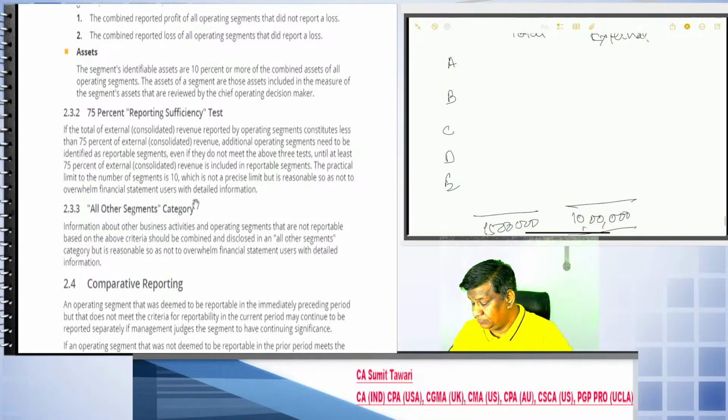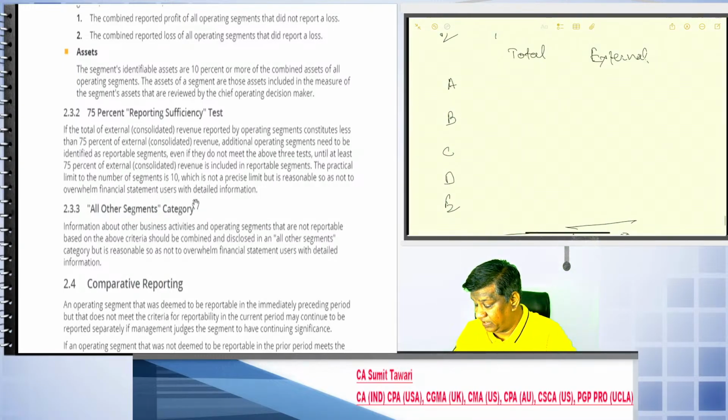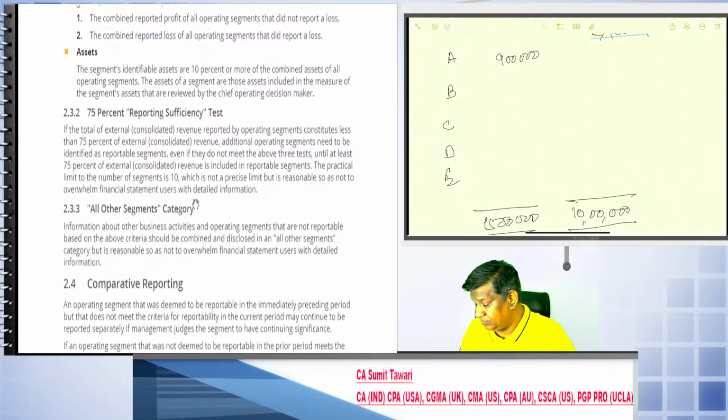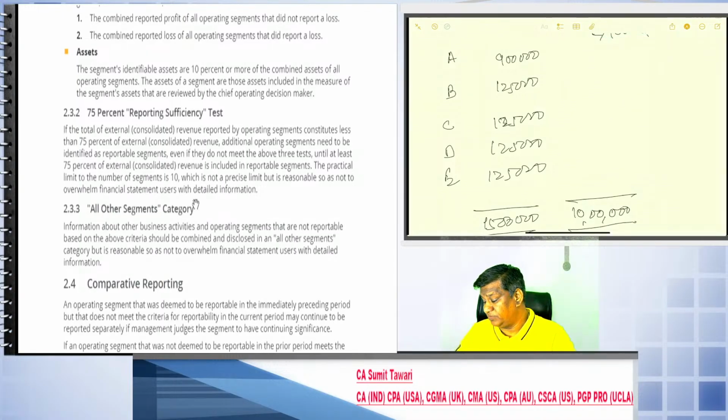So in 15 lakh, this is basically 9 lakh, then 1 lakh 25,000, 1 lakh 25,000, 25,000 and 1 lakh 25,000, for example.